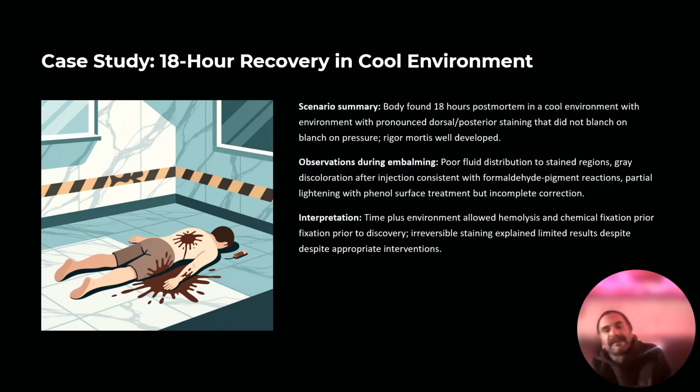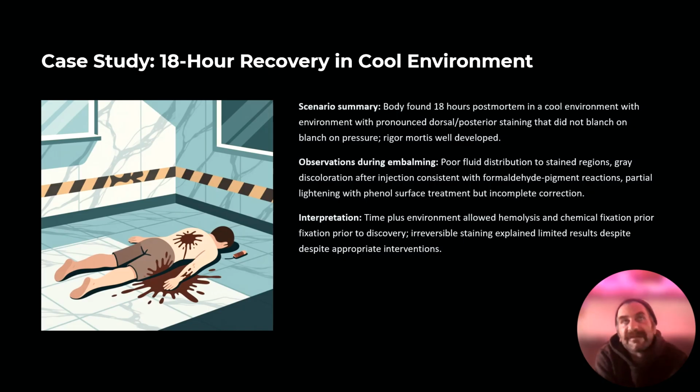All right, case study time. So we've got a body here. It was discovered about 18 hours after death in a cool environment. By the time they go to embalm, all of the staining is not blanching at all, so it's fully fixed, or almost fully fixed. Fluid distribution is normal everywhere except in the stained regions.